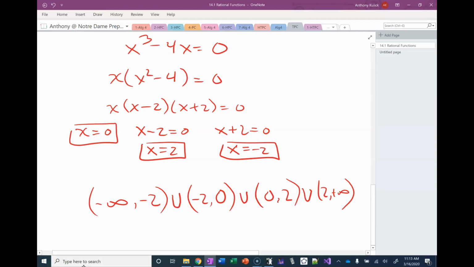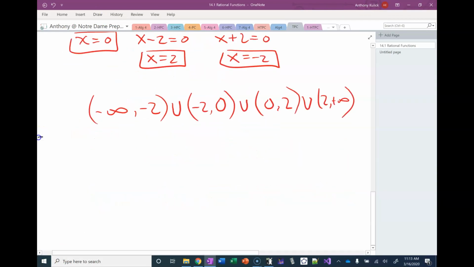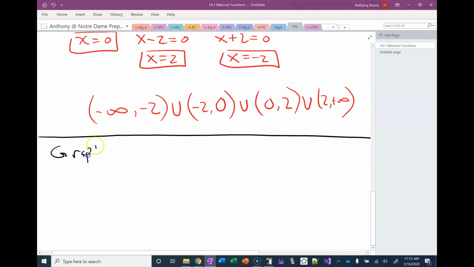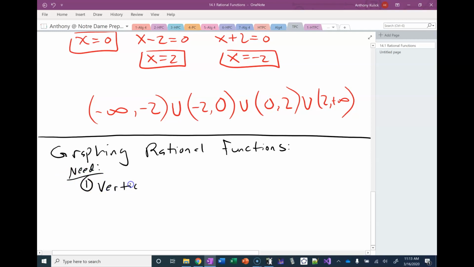What we're going to transition to now is trying to draw the graphs for rational functions. To do a good job with that, we need several things. We need vertical asymptotes.